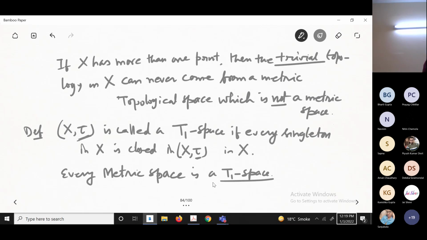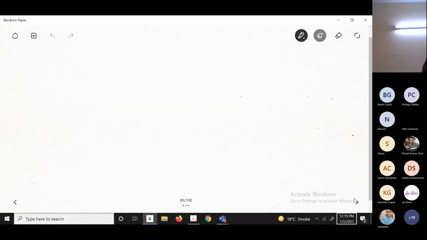But you should have, so first thing, this is the first separation actually, T1 space. Every metric space is T1. But find a T1 space which is not a metric space.